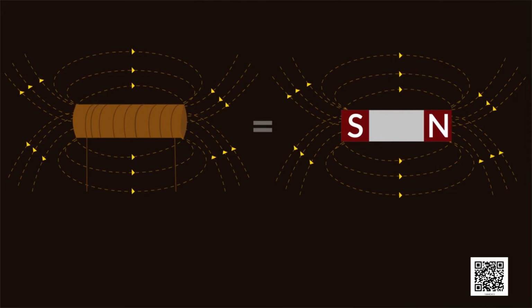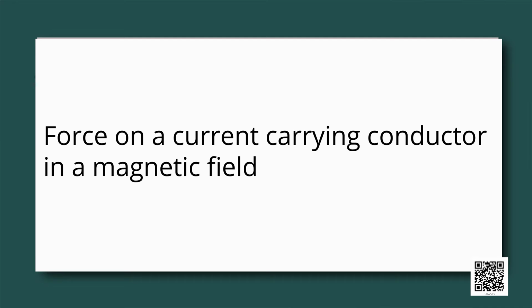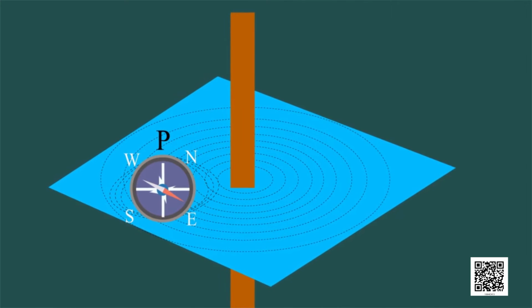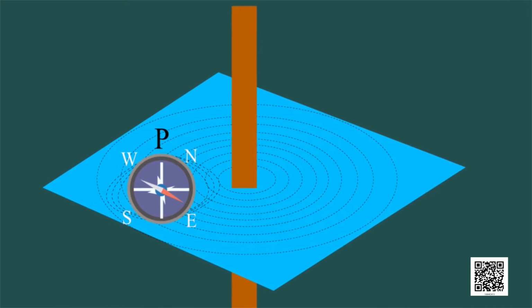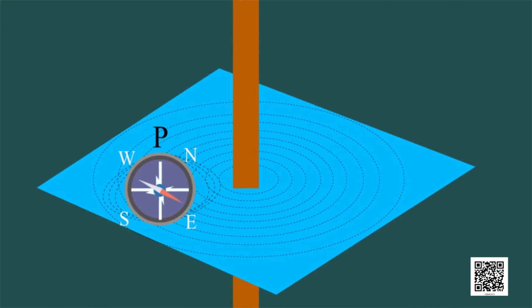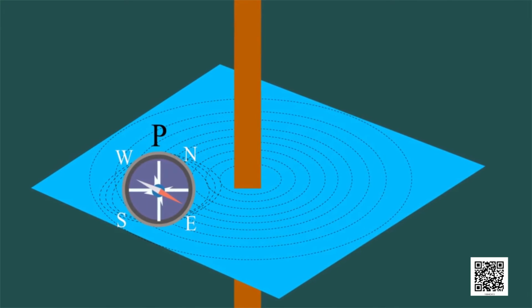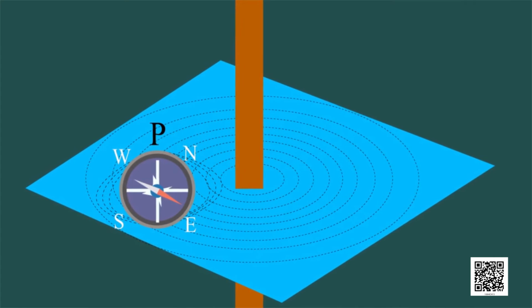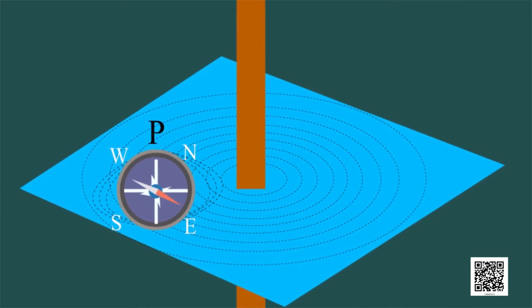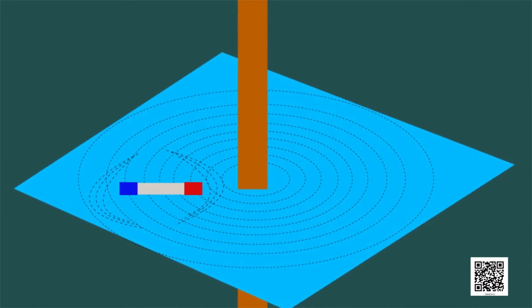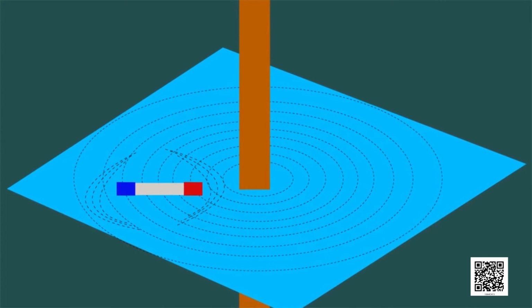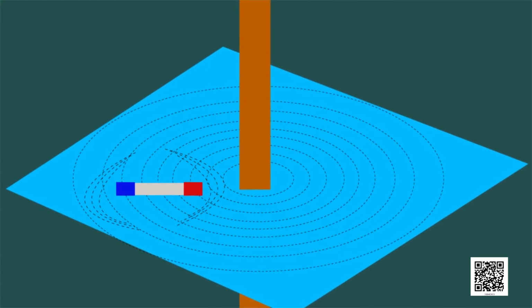Children, let us now study about force on a current carrying conductor in a magnetic field. We have learned that an electric current flowing through a conductor produces a magnetic field. The field so produced exerts a force on a magnet placed in the vicinity of the conductor.